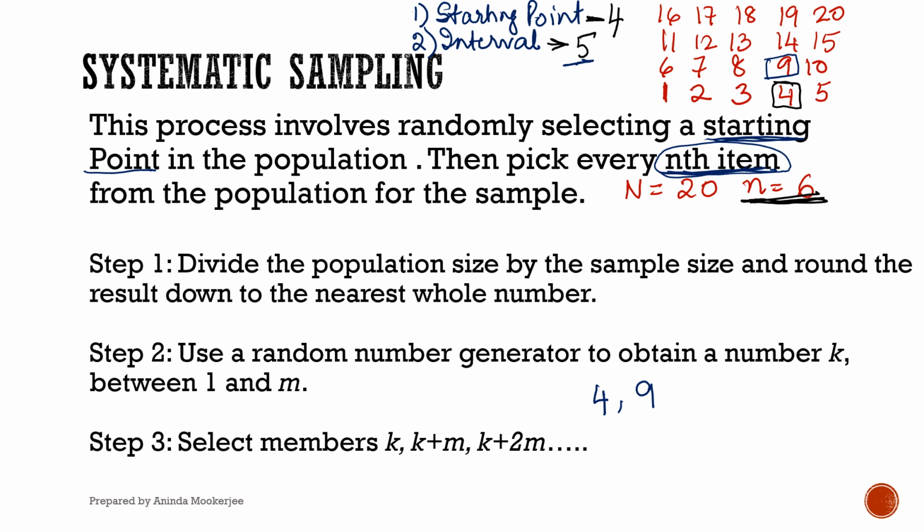Now, as the students get selected, I'm going to cross out these numbers so they don't get picked again, because I'm using the without replacement method of sampling. So 9 gets picked. After 9, again, I'm going to count 5. So 1, 2, 3, 4, 5. 14 is the 5th student.